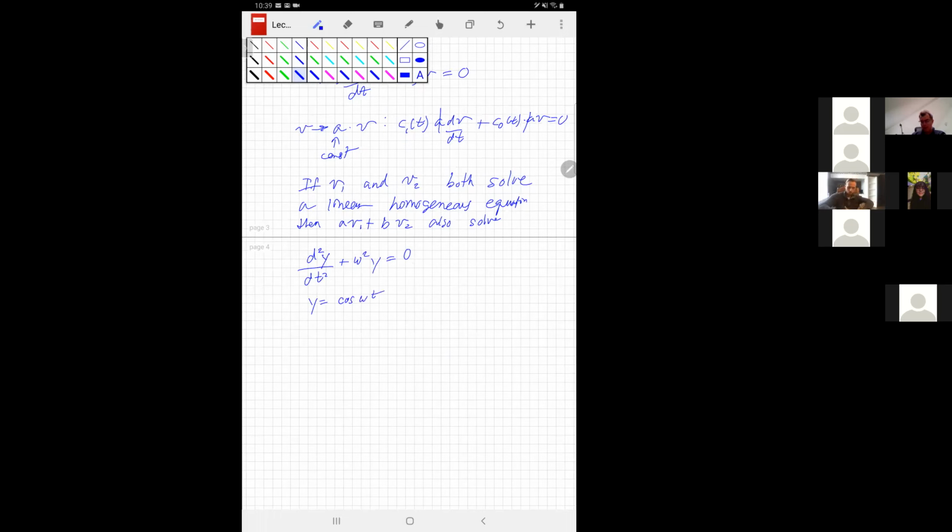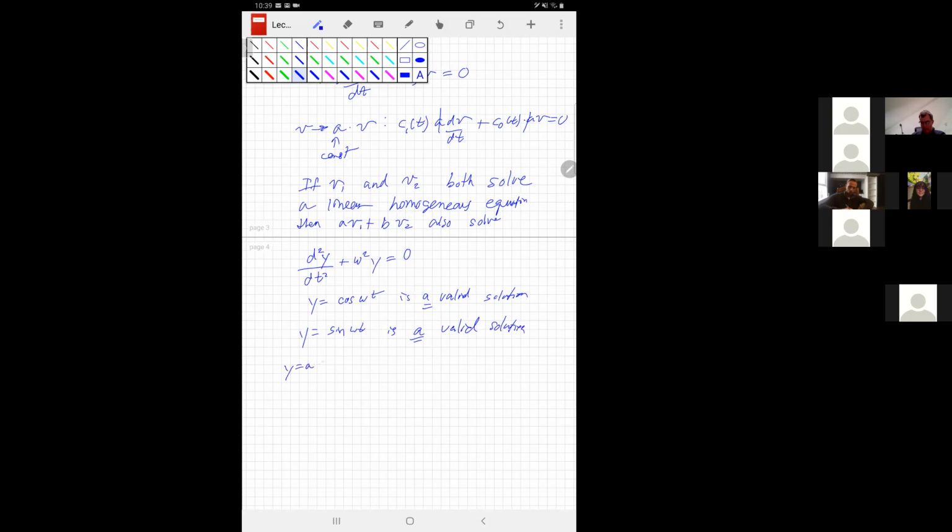Y equals cosine omega t is a valid solution. It's not the only valid solution, but it is a valid solution. Y equals sine omega t is a valid solution.